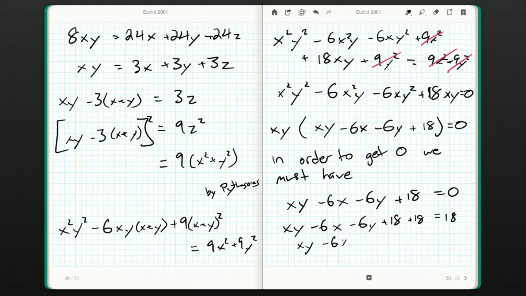So that's xy minus 6x minus 6y plus 36 equals 18. And this I can factor as x minus 6 times y minus 6 is equal to 18. Okay, now we're cooking. Because we have an expression in terms of x and y, nice easy numbers here, equaling 18, and I can list out the factors of 18.